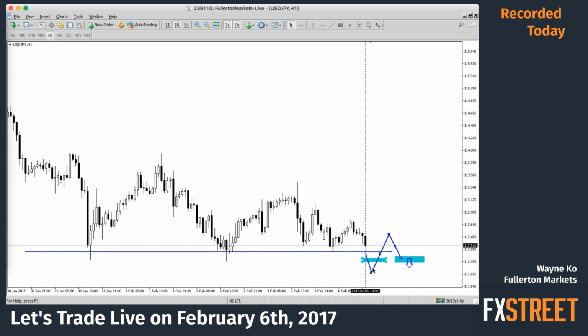So when the price closes below this horizontal line, which is the 112.20 support, I personally would wait for something like this to happen. If it does, then that is a time for me to take a shot in the market.